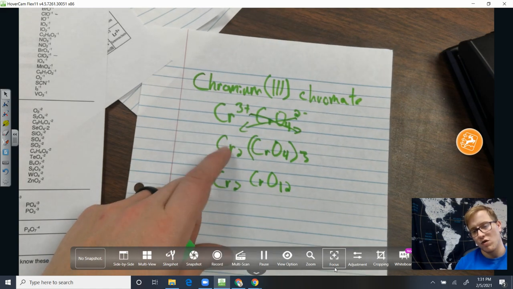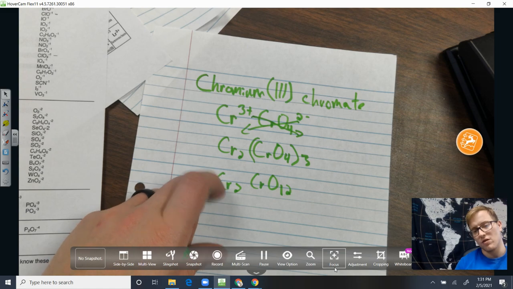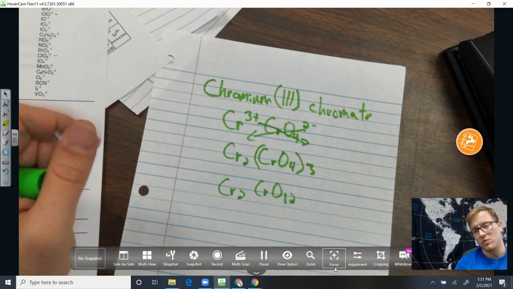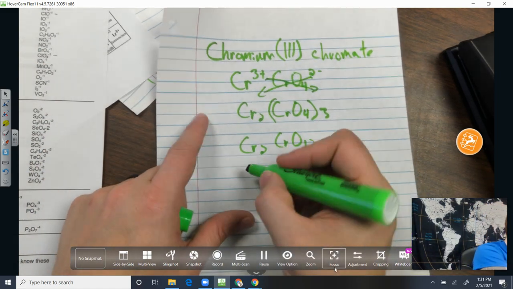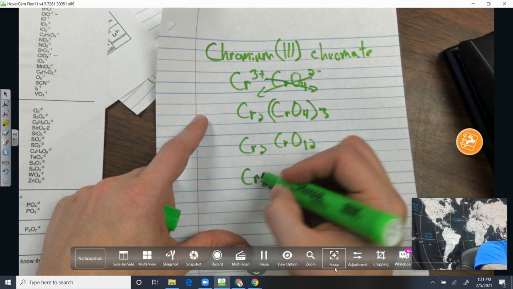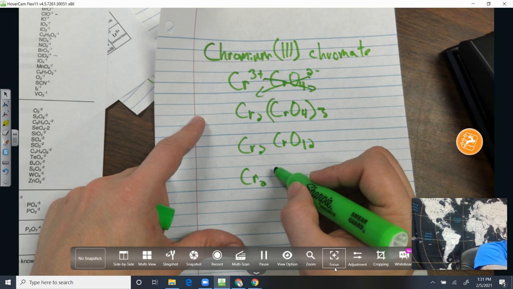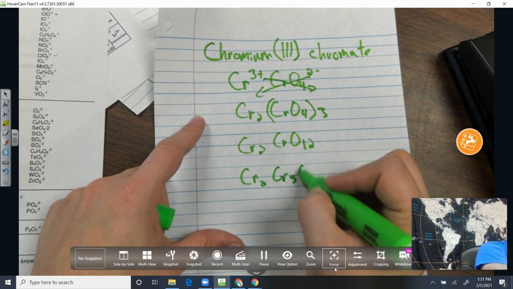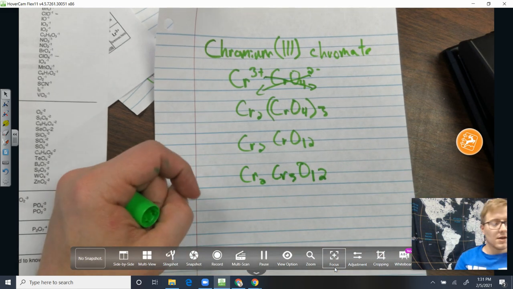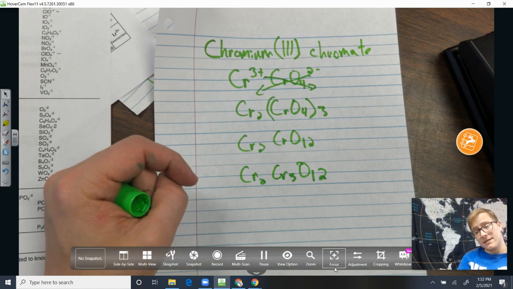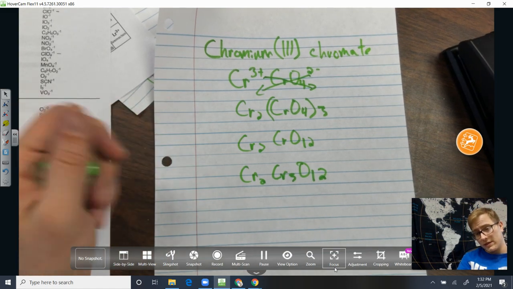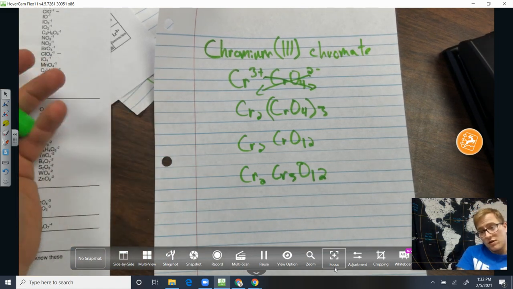Also, Cr3O12 is super wrong, because chromate isn't bonding to 3 other chromiums and 12 oxygens.